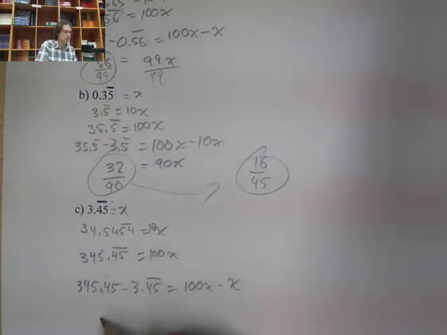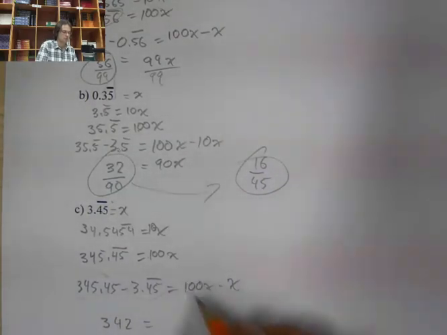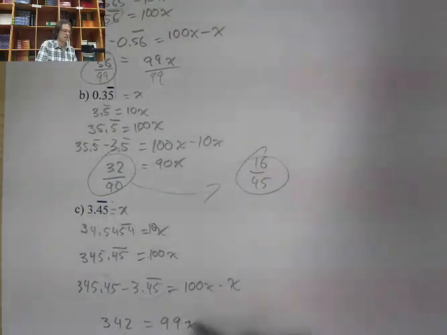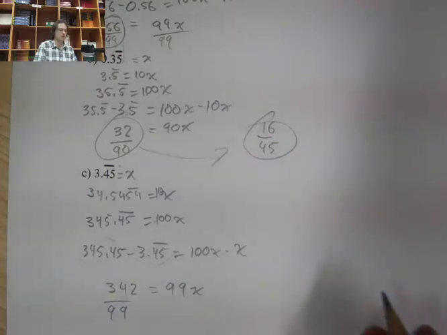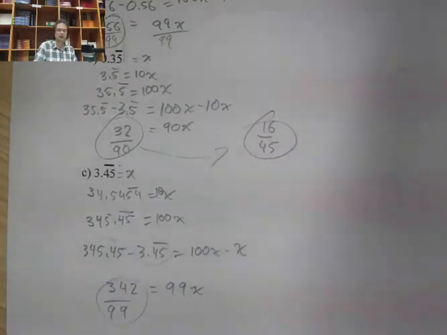I take those away, I'm going to get 342 is equal to 99x. Divide both by 99. And both of these could also be divided by 9, so that could be simplified.